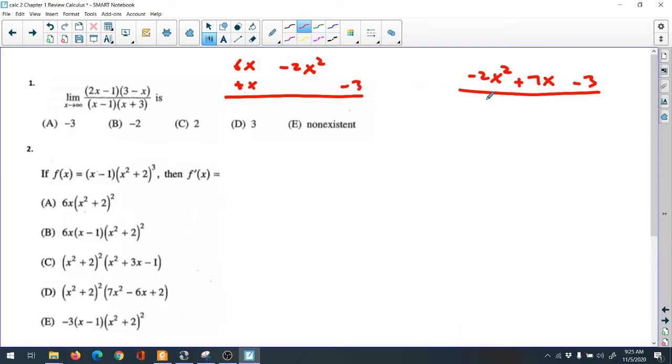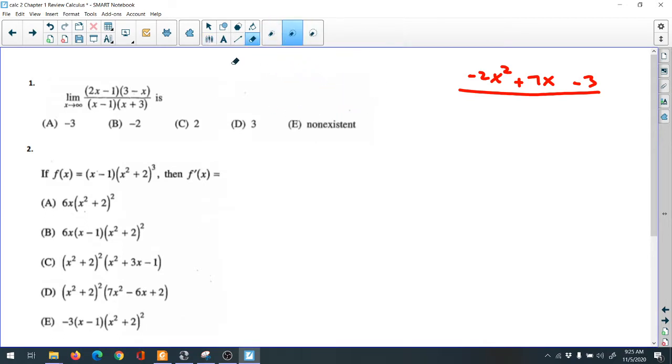That's the first part. You need to do the same to the bottom here. Multiply x minus 1 times x plus 3. Multiply x times x is x squared. Multiply x times 3 is 3x. And then multiply negative 1 times x is negative x.